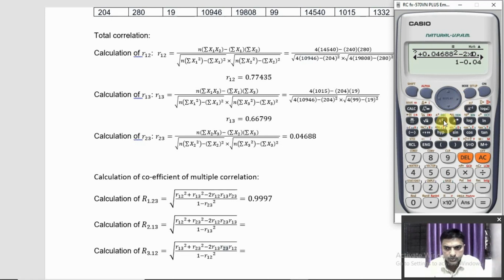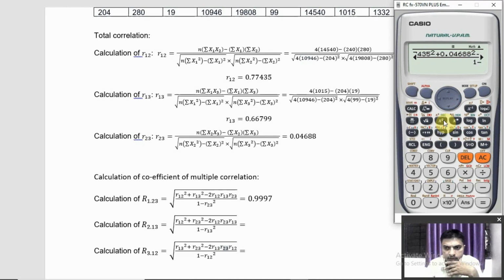Then minus 2 into R12, 0.77435, R23 and R13 square.